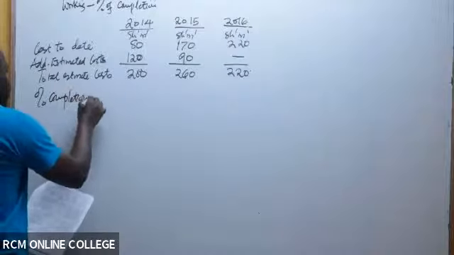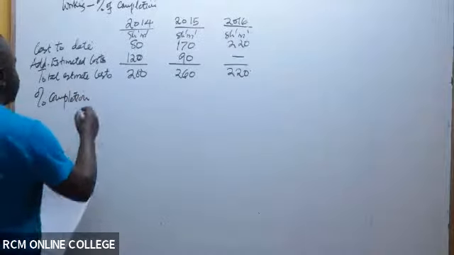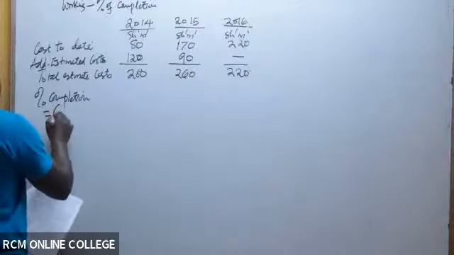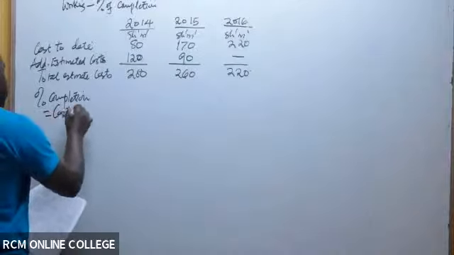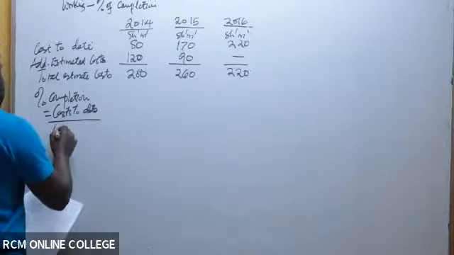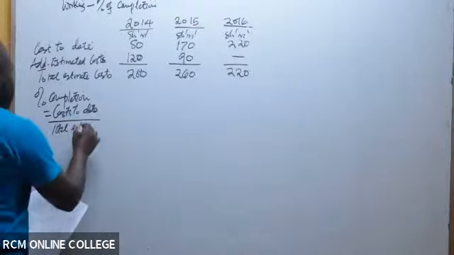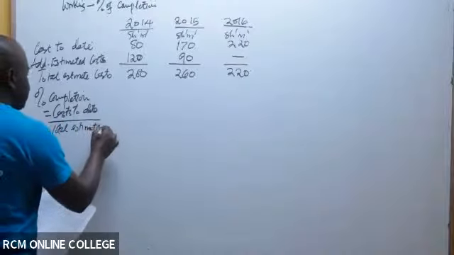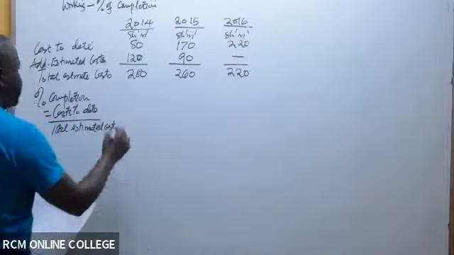I already gave you the formula. So in this case, the percentage of completion equals the costs to date divided by the total estimated costs, for each and every year.